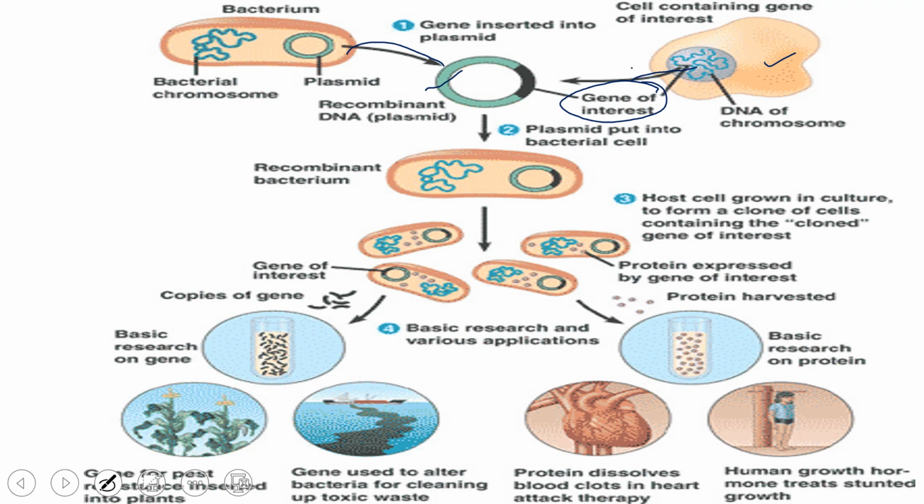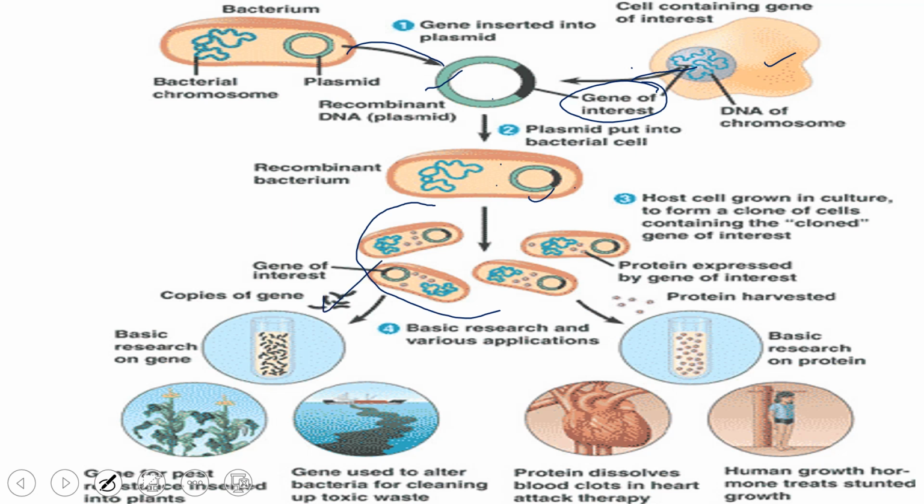Then this vector loaded with the gene of interest needs to be transported into the bacterial cells. Then the bacterial cells which have this gene of interest will be selected, and those cells which do not have this gene of interest need to be discarded. And then we are going to clone it, culture it, and then the protein or the genes are isolated.